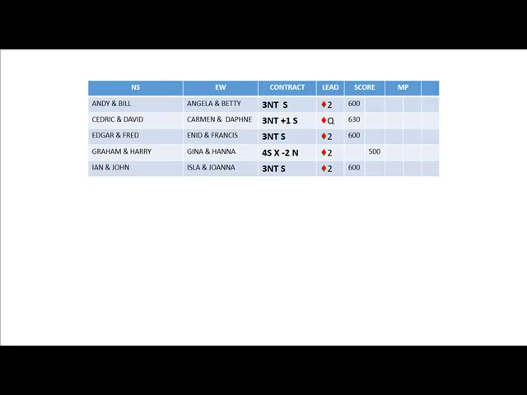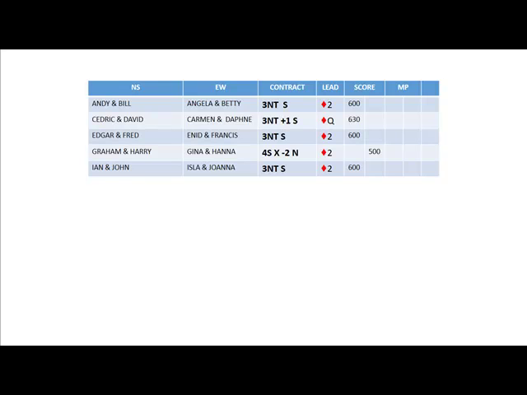Well, you look at all the other players, the other scores, and Andy and Bill will get 2 points for any score that they beat, 1 point if they get the same, and no points if they lose. Okay, they scored 600. Below them, Cedric and David scored 630. They did better. So I'm afraid Andy and Bill don't get any points from them.